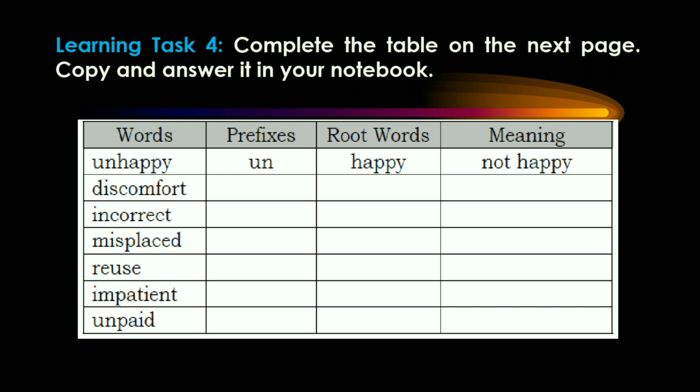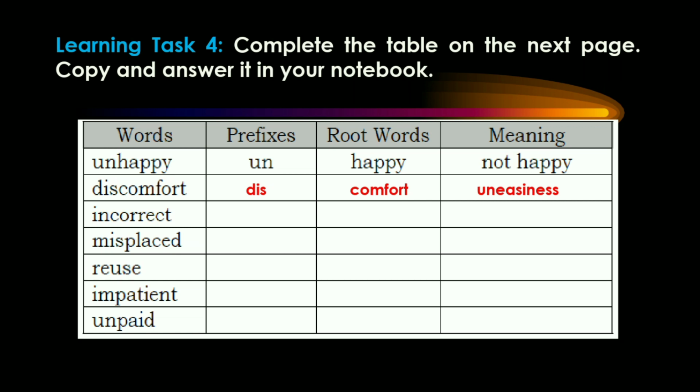What is the prefix? The prefix is dis. Very good. So the prefix for the word discomfort is dis. What about the root word? It's comfort. Very good. And the meaning is uneasiness or something that makes a person feel uncomfortable.